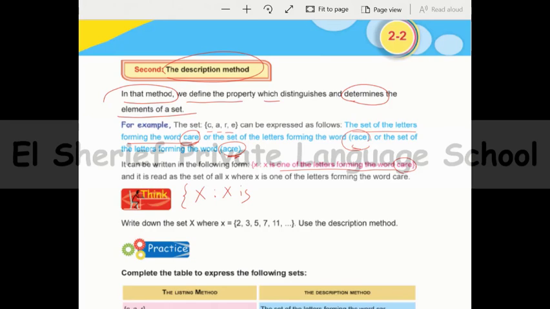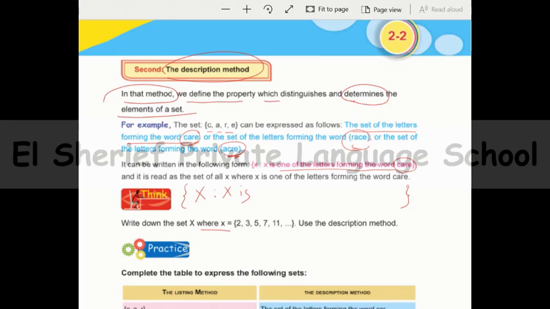So we put it between parentheses and write x such that x is, and the description after that, and close the parentheses.